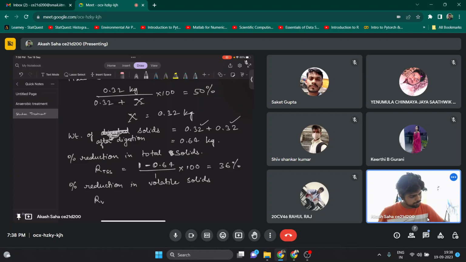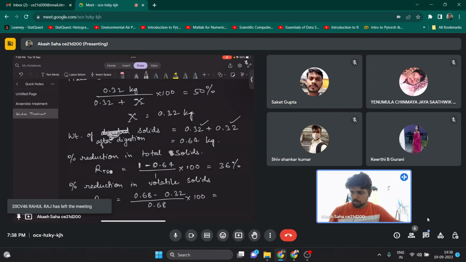So the reduction in VS is equal to, earlier it was 0.6, now it is 0.32, divided by 0.6, into 100. So it will be equal to 52.9%. So this was what is asked.